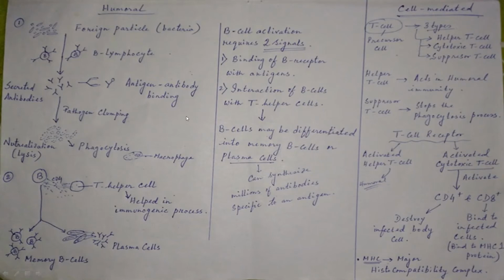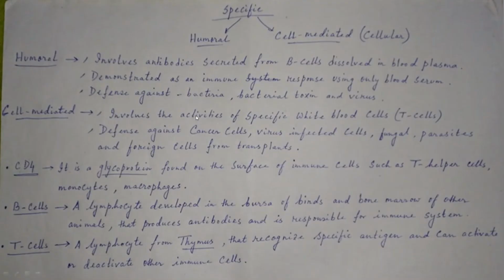Okay, this is the very easy form I have given you to remember. And the second signal is the interaction of B cells with T helper cells. This we'll study here, the second step. Now this B cell releases CD4. You have seen what CD4 is? It is a glycoprotein found on the surface of T helper cells, monocytes, macrophages.